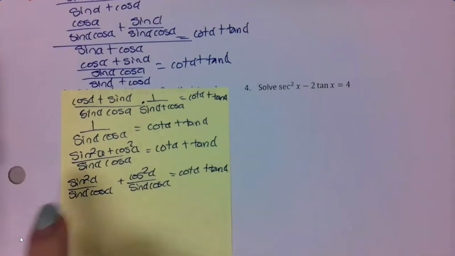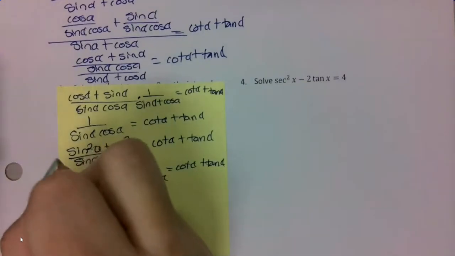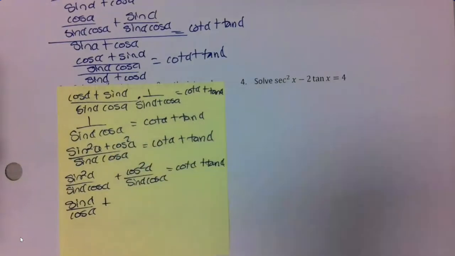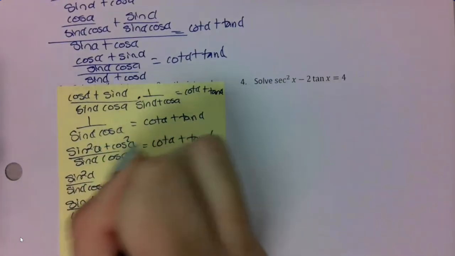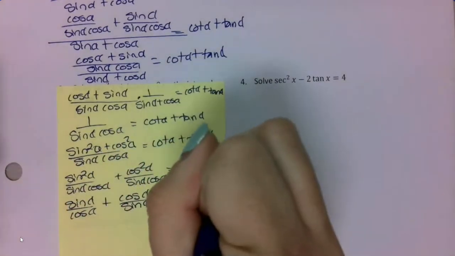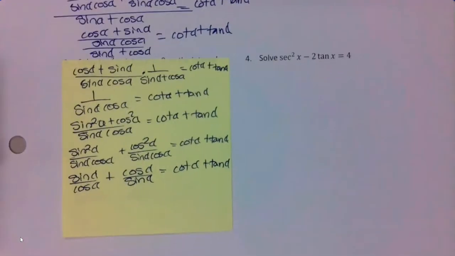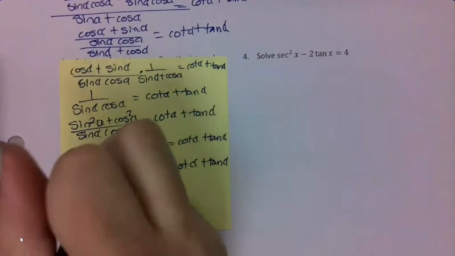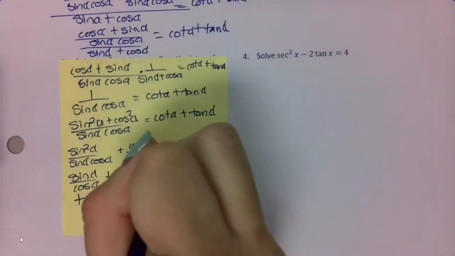Then on this first fraction, I have a sine on the numerator and denominator, so that's going to leave me with sine over cosine. On my second fraction, I have a cosine on the top and bottom. That leaves me with cosine over sine. Then I can keep going. This one will turn into tangent, and the second one will turn into cotangent.